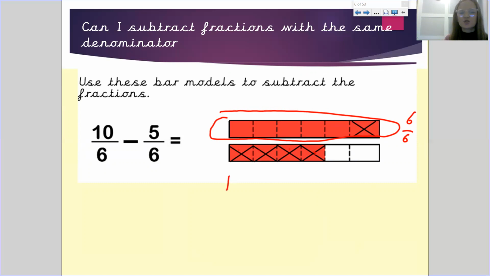So actually our question is obviously 10/6 minus 5/6. And using this, you can see that I'm taking away 1, 2, 3, 4, 5. And how many am I left with? So you can use the bar models to help you, or you can use what we've discussed about the numerators and the denominators to help you answer this question.